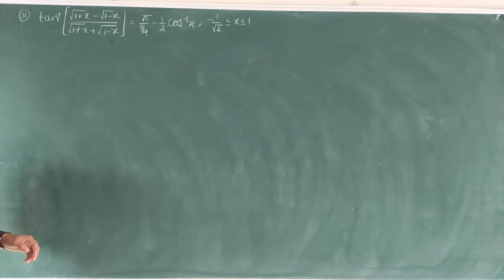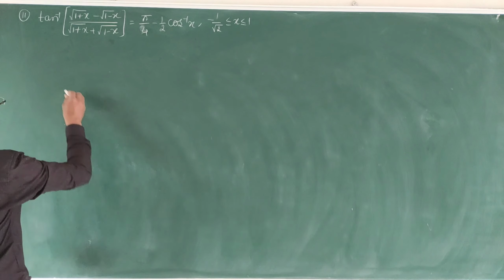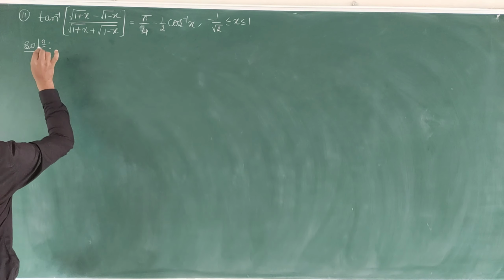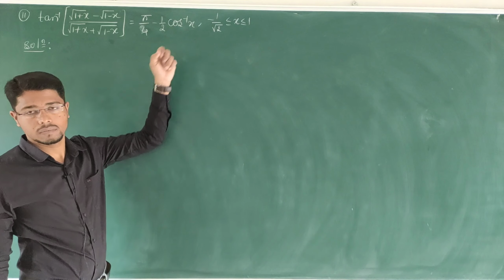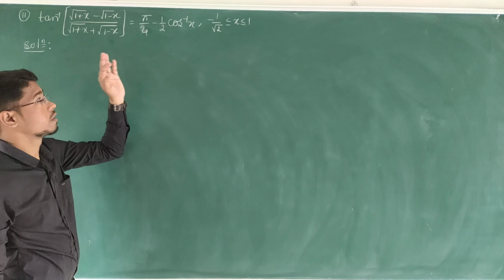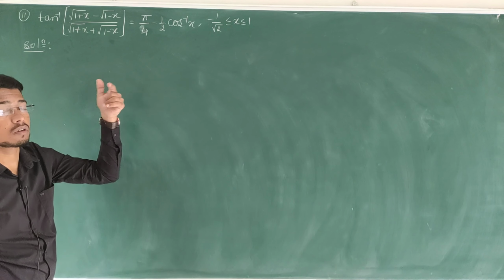For this we can go through the substitution method. We need cos on the RHS and that is 1 by 2, so substitute x equal to cos 2 theta.